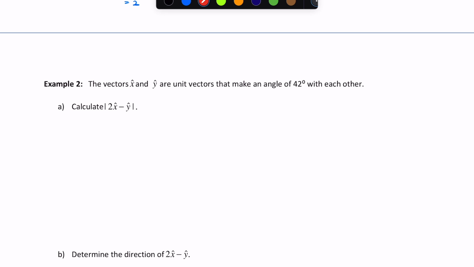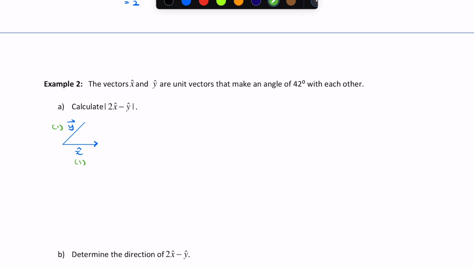To start, if we look at x plus y, here is our vector x plus our vector y, with a unit of 1.